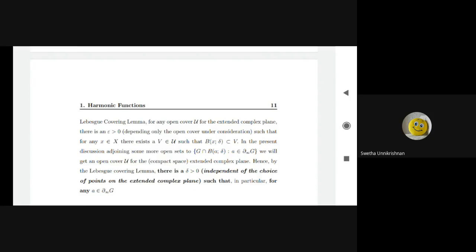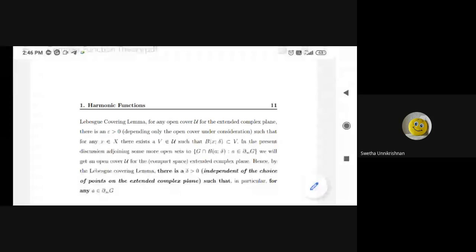In the present discussion, adjoining some more open sets to the set of G intersection B of A delta such that A belongs to del infinity of G, we will get an open cover script U for the extended complex plane. That is, we are adjoining some more open sets to the set of all G intersection B of A delta where A belongs to del infinity of G, such that this set covers the entire extended complex plane.